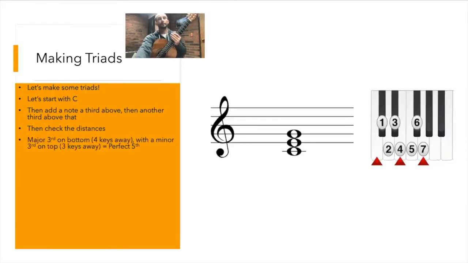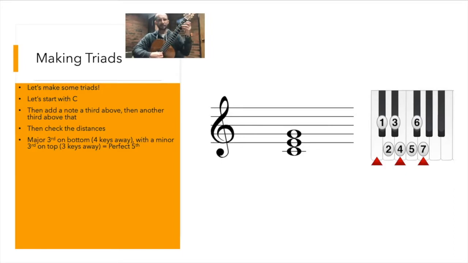On the bottom, we see we have a major third, and we know that because we learned earlier, a major third is 4 keys away on the piano. So if you have C, which should be the same C, then 4 keys away is a black key, white key, black key, white key, E. That's a major third, and you can kind of tell, kind of a happy sound.